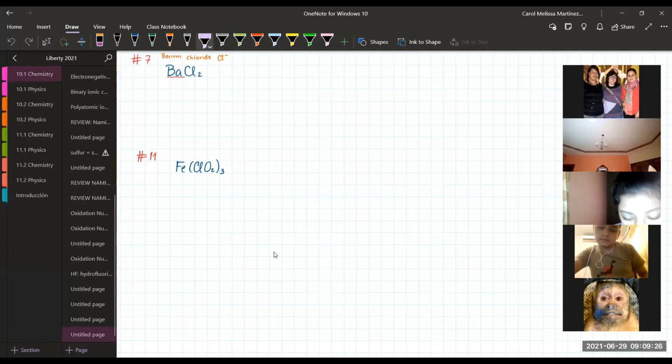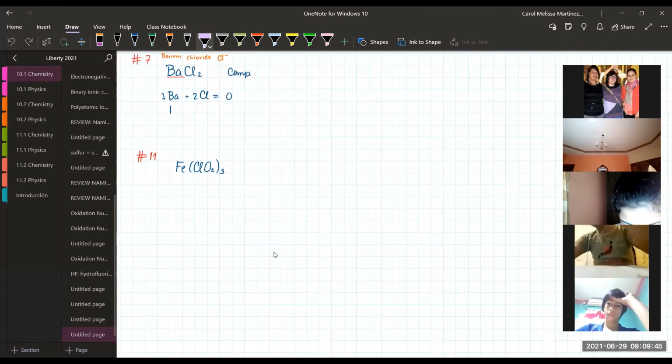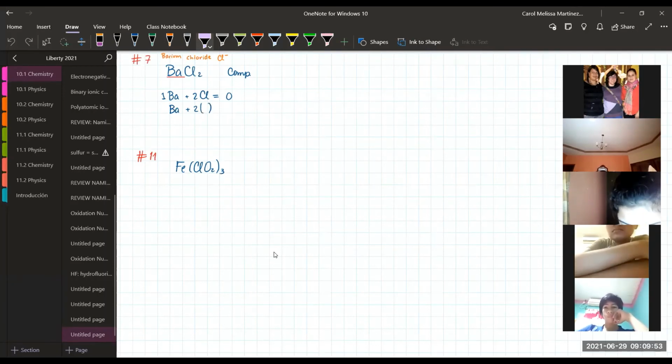So when you do this, you do the whole process, like 1 barium plus 2 chlorine, and because it is a compound, it is equalized to 0. Okay? This is a compound. So you do all this process. Ignore the 1 as a coefficient, and remember that when you have chloride ion, the charge is -1.